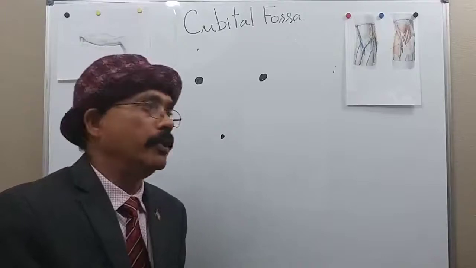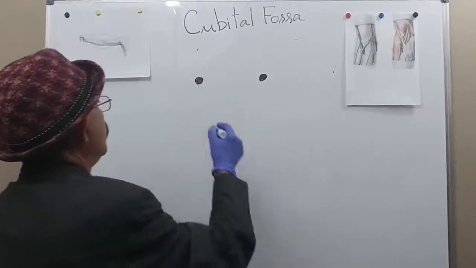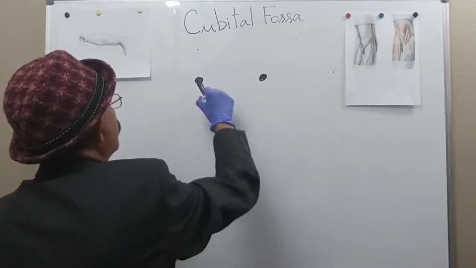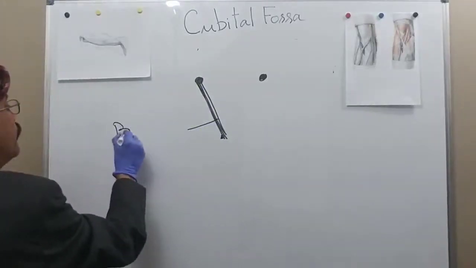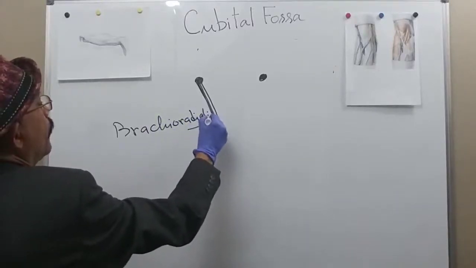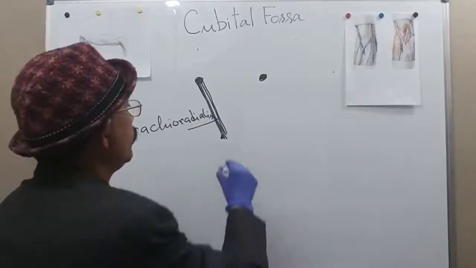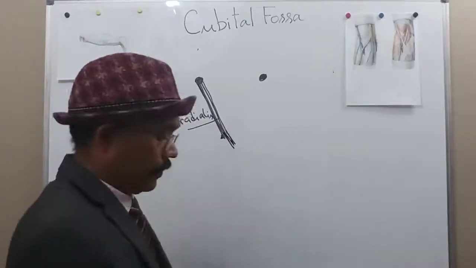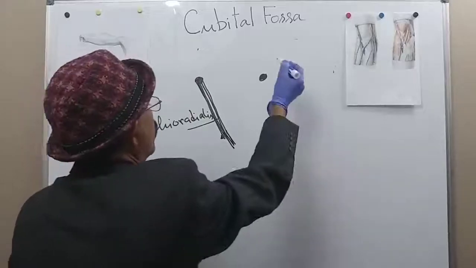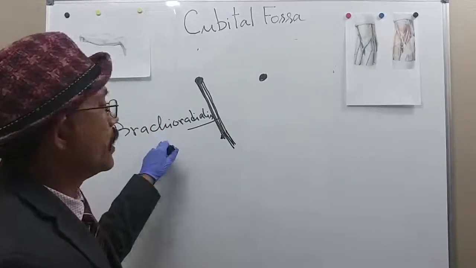Okay, so boundaries. Laterally it is bounded by the medial border of the brachioradialis muscle. This is brachioradialis.